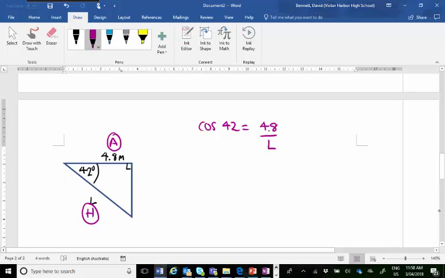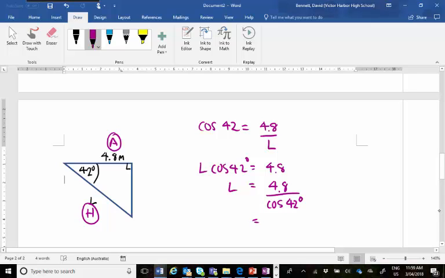Again, because my unknown's on the bottom, I have to times my thing over here. So remember I said you could skip this step, but let's do it. Cosine 42 equals 4.8 over L, and therefore L, because I'm timesing, I have to divide, becomes equal to 4.8 divided by cosine of 42 degrees.